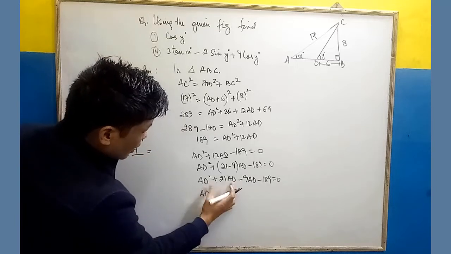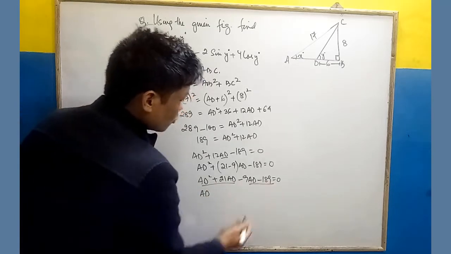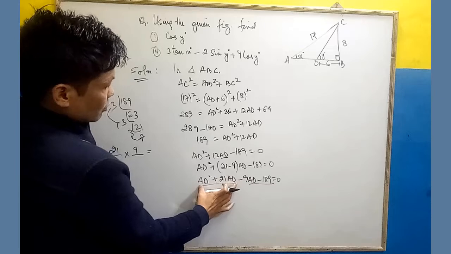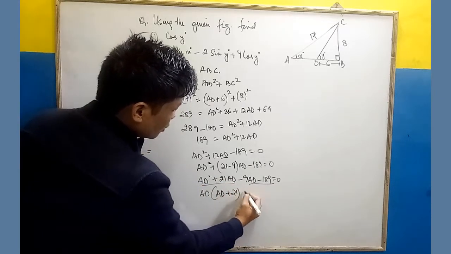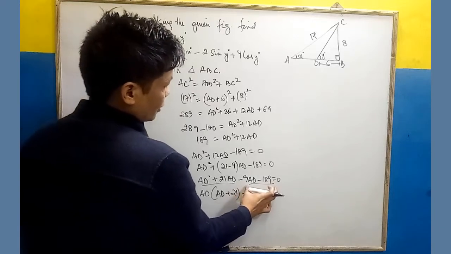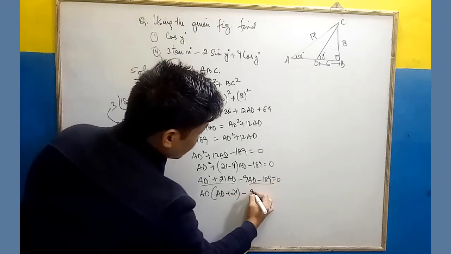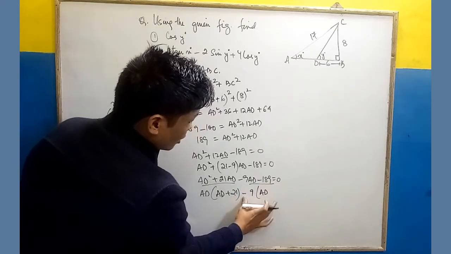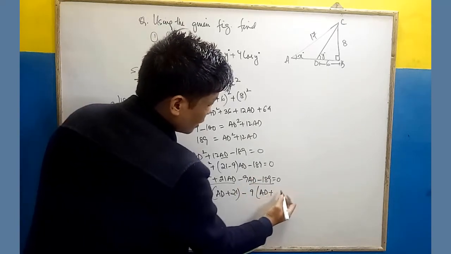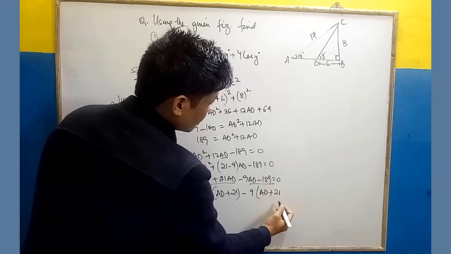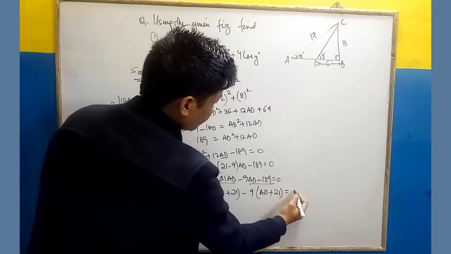So from here, I'll divide into two terms. From these two terms, common is AD. So AD times AD is AD square plus AD times 21 is 21 AD. From here I can take 9 as a common factor. So 9 AD, minus into minus will give plus. So 9 times 21 is 189.